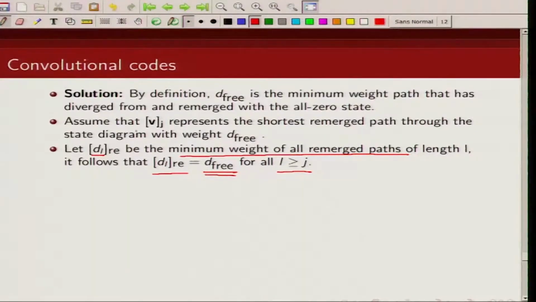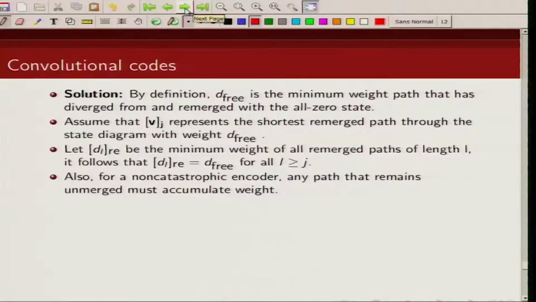Because we have said that for time equal to j, that is the shortest re-merge path through this trellis diagram which has weight equal to the free distance. So, if we take any time larger than that, then of course, we will have a re-merge path having minimum distance d free.